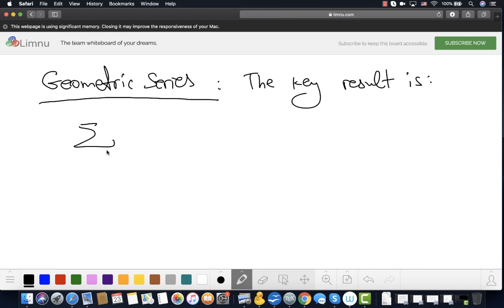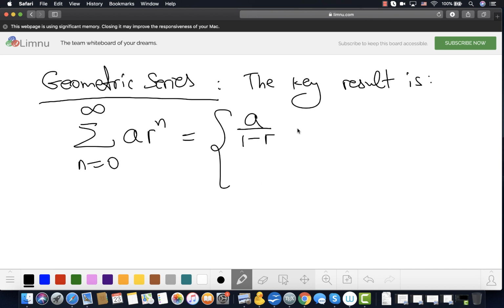The sum, n goes from 0 to infinity of a times r to the n, is a divided by 1 minus r if the absolute value of r is less than 1. And if the absolute value of r is not less than 1, which means it's at least 1, then this series diverges.